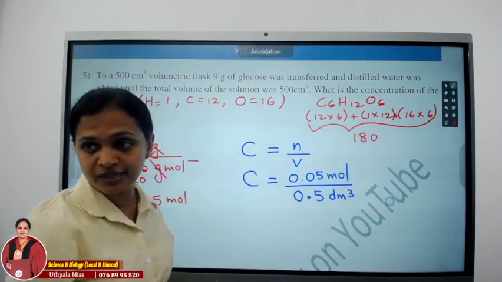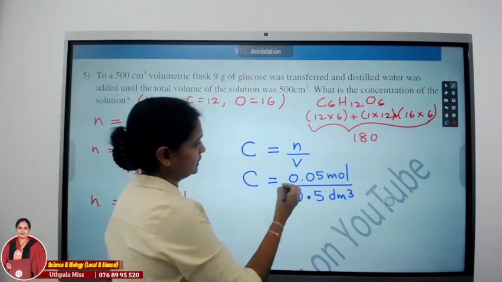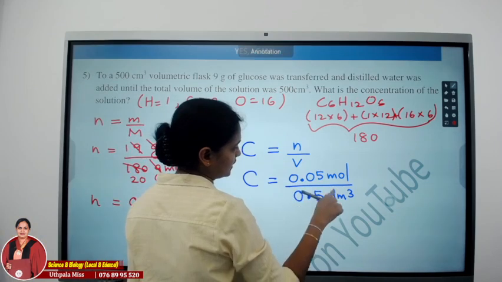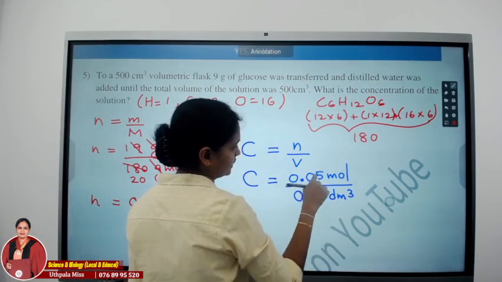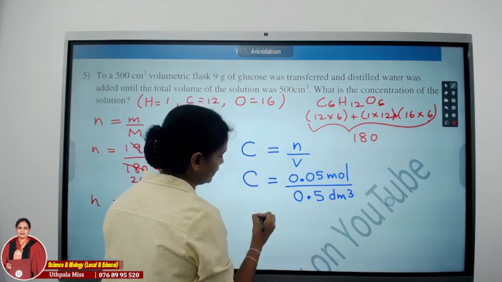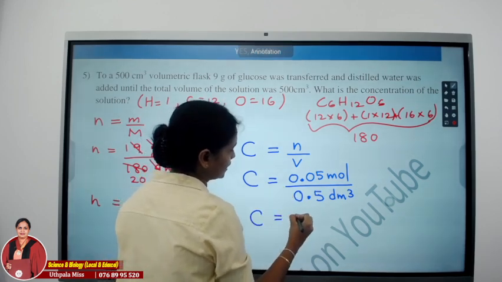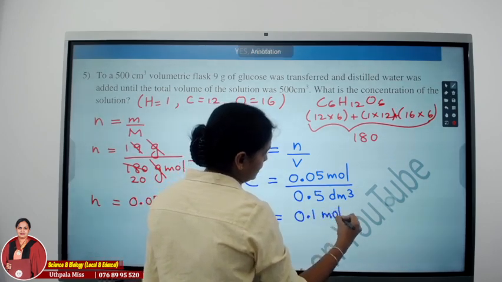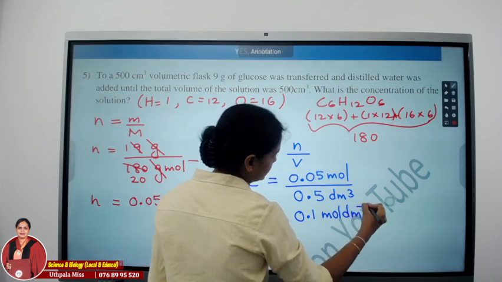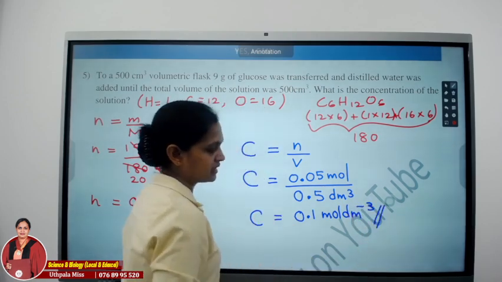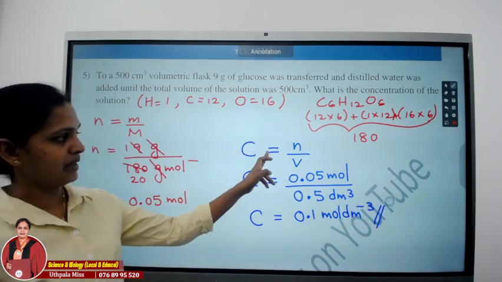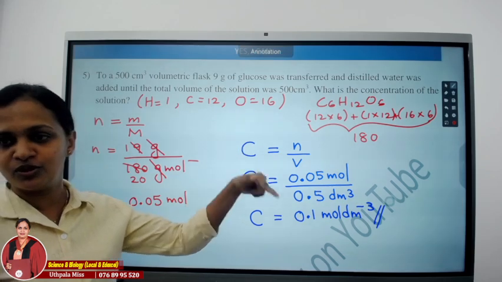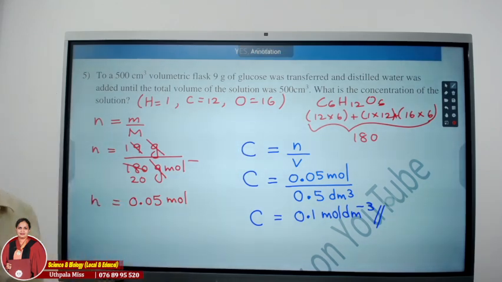If you multiply this by 10, that is 5. Here this is 0.5. So 0.5 divided by 5 is 0.1 mole per cubic decimeter. That is the concentration. First we started here and worked this way. Then we started from the number of moles and calculated the concentration.